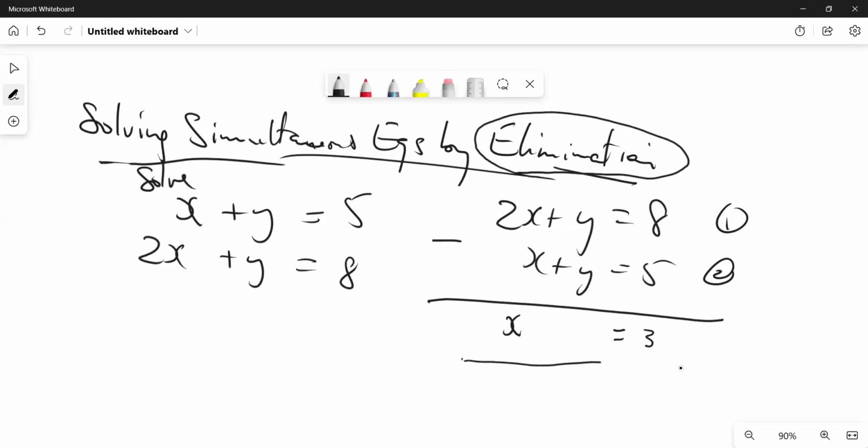So very quickly we got x. But if you had insisted on eliminating x, you would have had to go through a longer process.